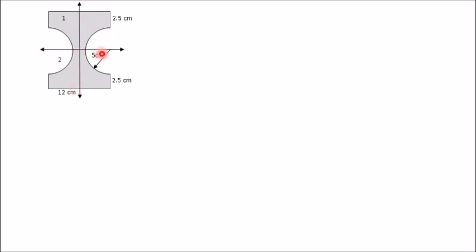Similarly, when you draw this axis, top portion and bottom portion of this shaded area are symmetrical, therefore centroid should lie in this axis also. Therefore centroid is lying at this point, so you don't need to calculate value of centroid. Directly you can draw these two symmetrical axes, so you have already obtained the centroidal axes.